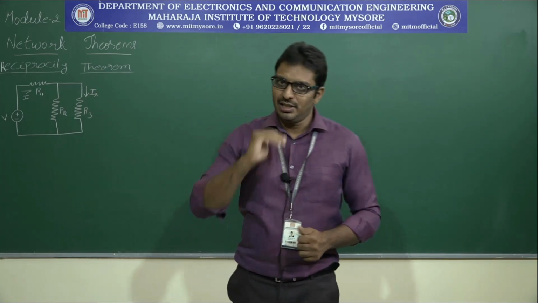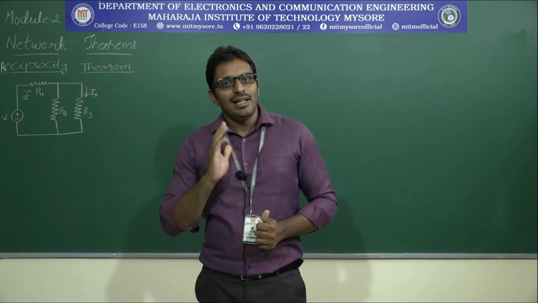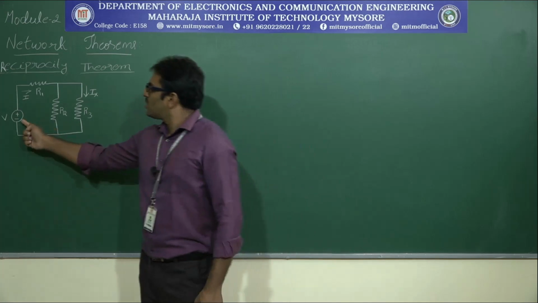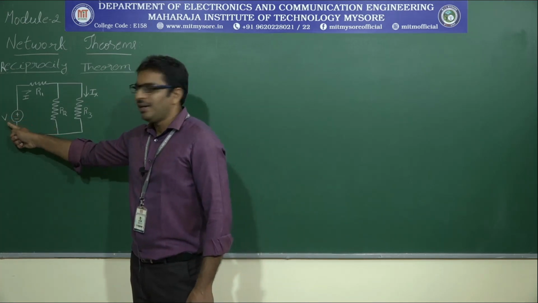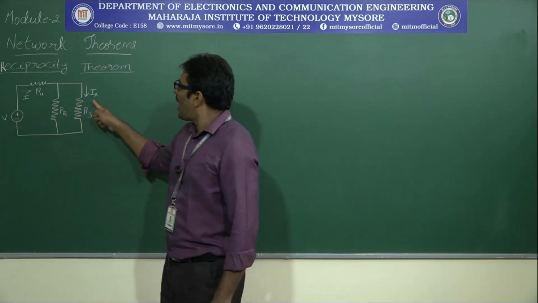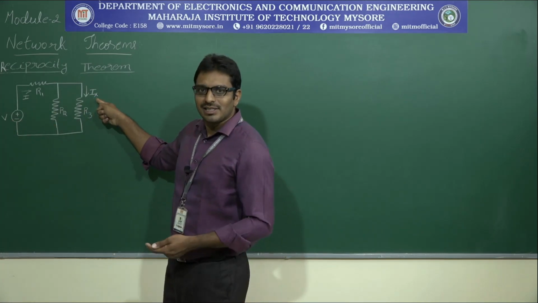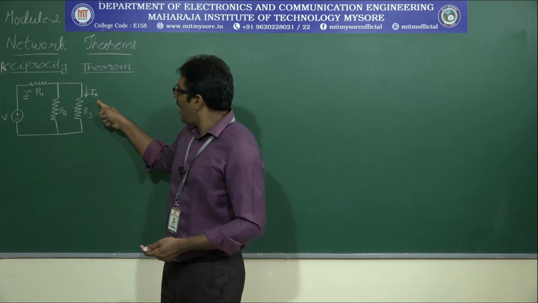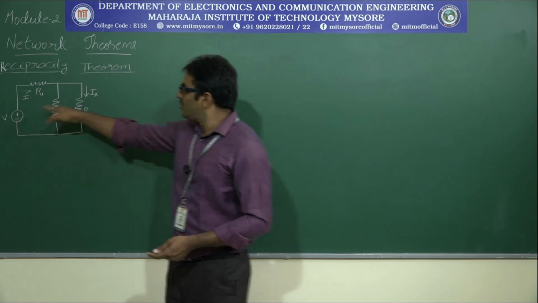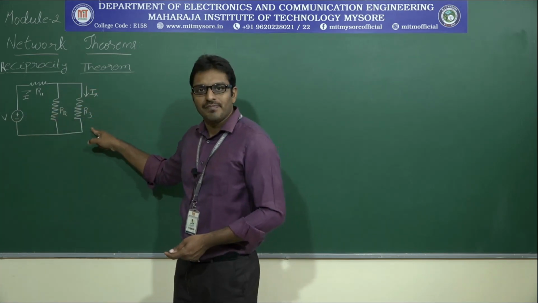The statement starts with: in any linear bilateral network, a source of voltage V in one branch produces a current Ix in another branch. So because of this voltage, it produces Ix in this branch.